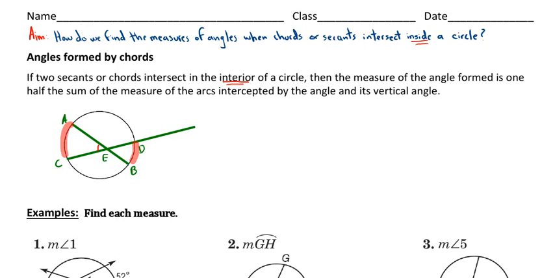So I'm writing what the theorem says. It says that the measure of angle AEC is 1/2 the sum of the two arcs, 1/2 the measure of arc AC plus the measure of arc BD.